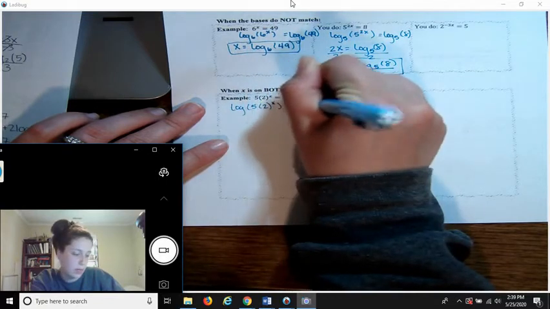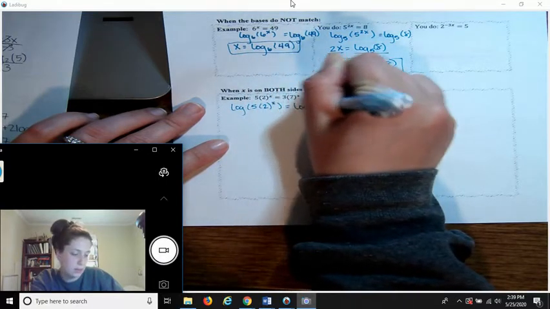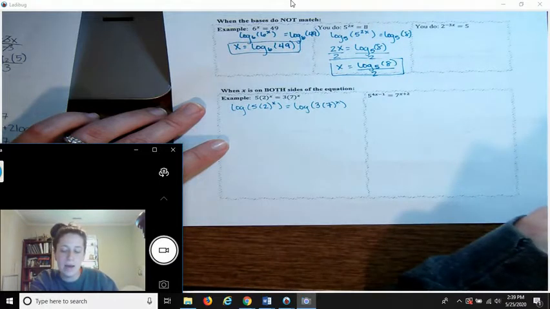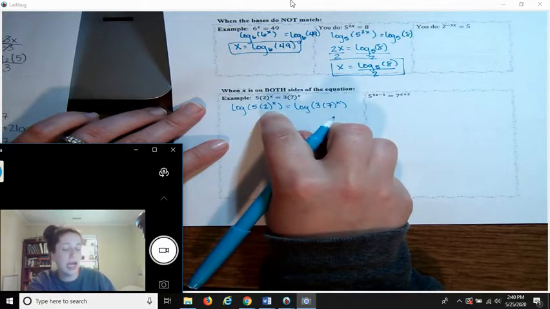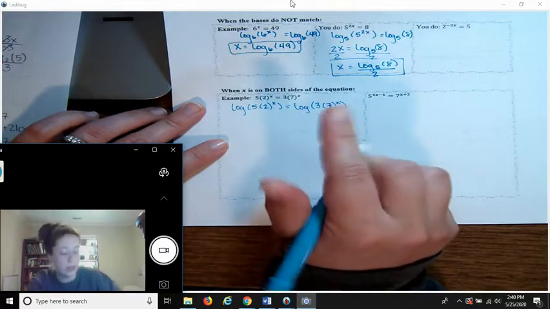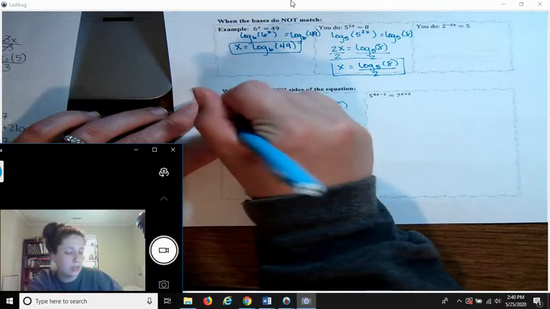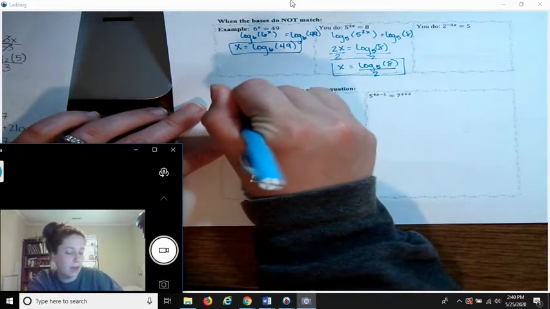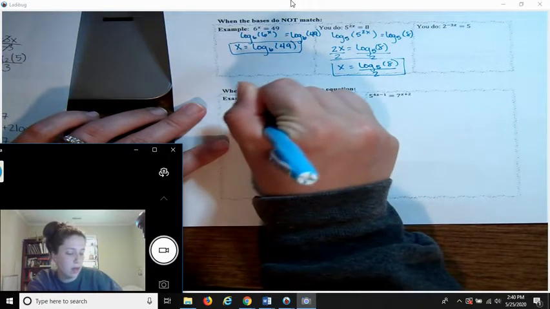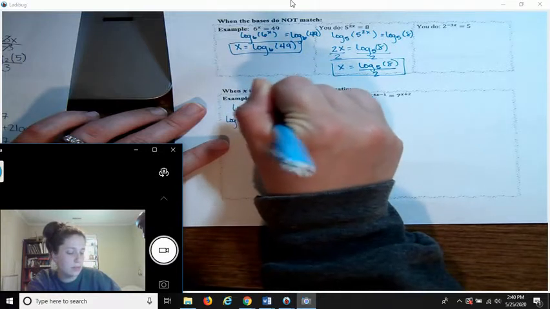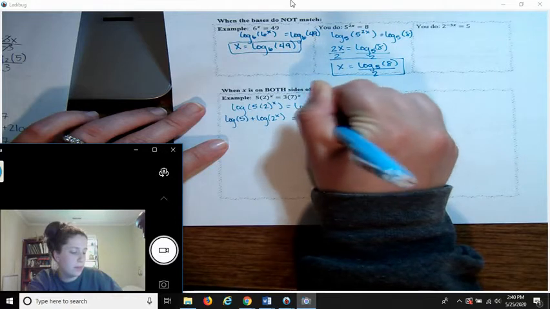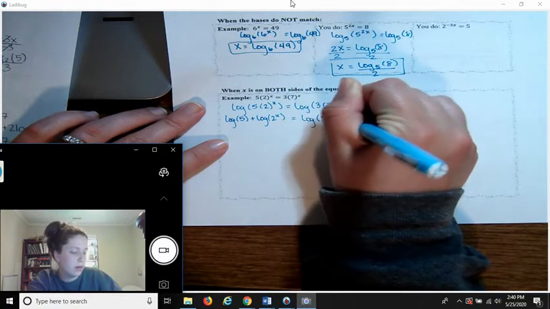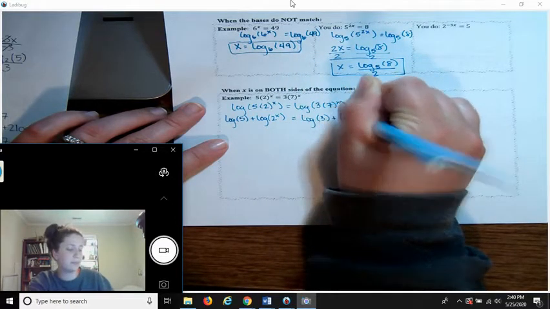Okay. And now I can split this up because I have a product of two things inside of a logarithm. I can rewrite it as the sum of two different logarithms. So log of 5 plus log of 2 to the x equals log of 3 plus log of 7 to the x.